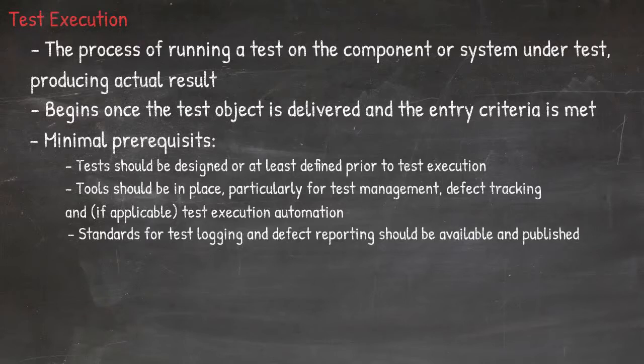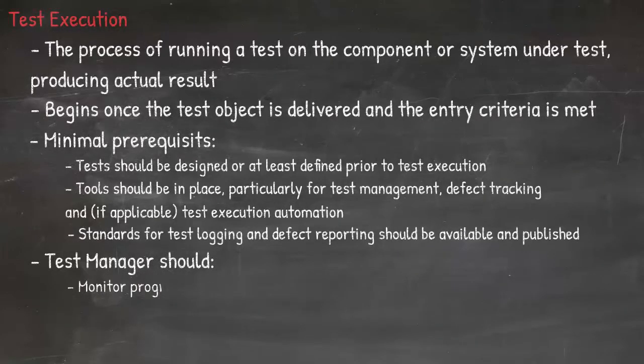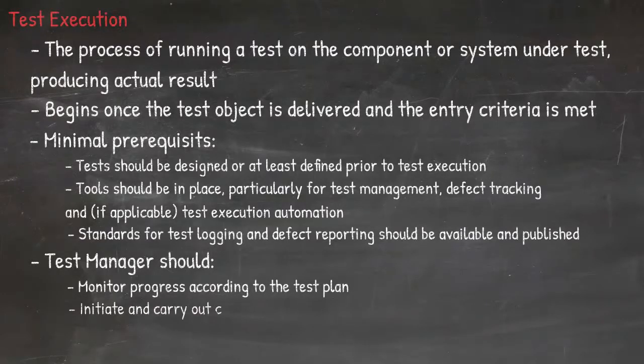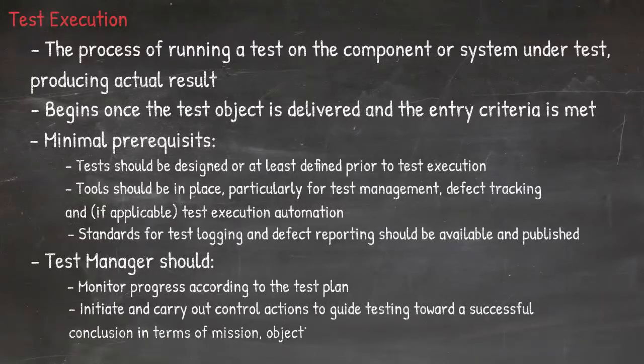During this stage, your role as a test manager is mainly to monitor progress according to the test plan and initiate and carry out control actions to drive towards a successful conclusion as per the objectives or as defined in the test strategy or test plan for each individual test level.